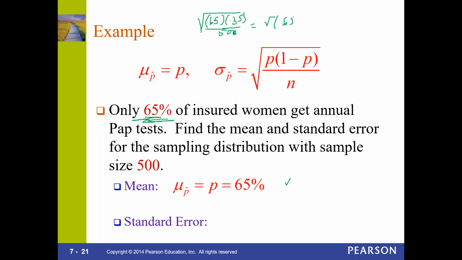So using my calculator, I want to say the square root of 0.65 times 0.35 divided by 500, okay? So that probably will give me some values. Did anybody try that to find the answer?